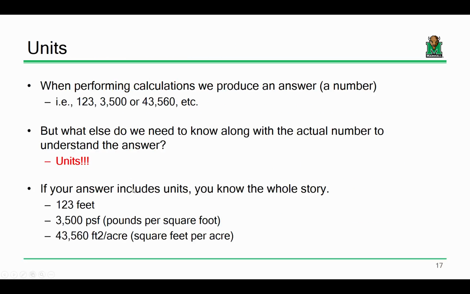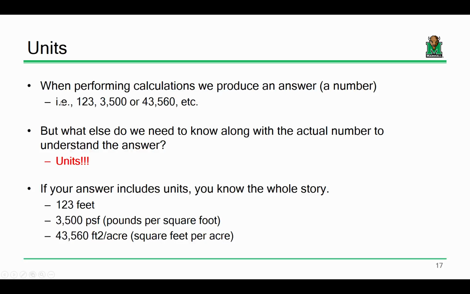All right, now units are really important. Sometimes we get in the habit of just trying to speed things up or save space on the paper by writing just the numbers, without the units that go with them that help us make sense of what they are. 123 may be a distance in feet, 3,500 may be pounds per square foot, 43,560 is the number of square feet in an acre.